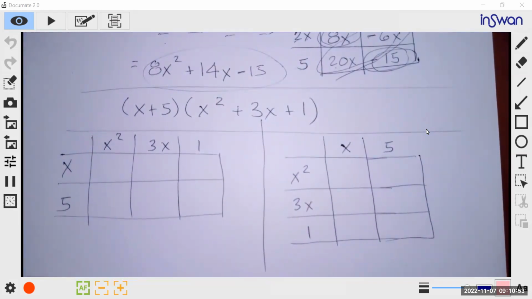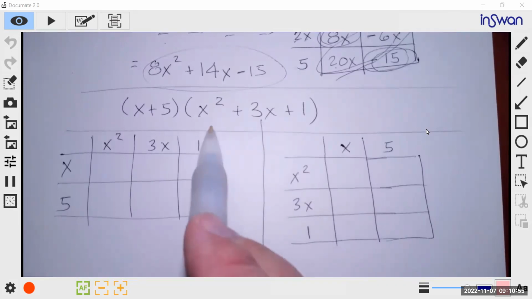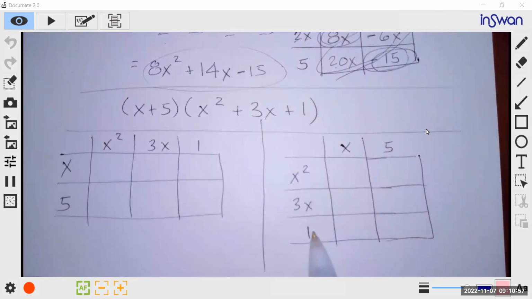It doesn't matter how you arrange it, whether this x squared plus 3x plus 1 is on top or on the side.